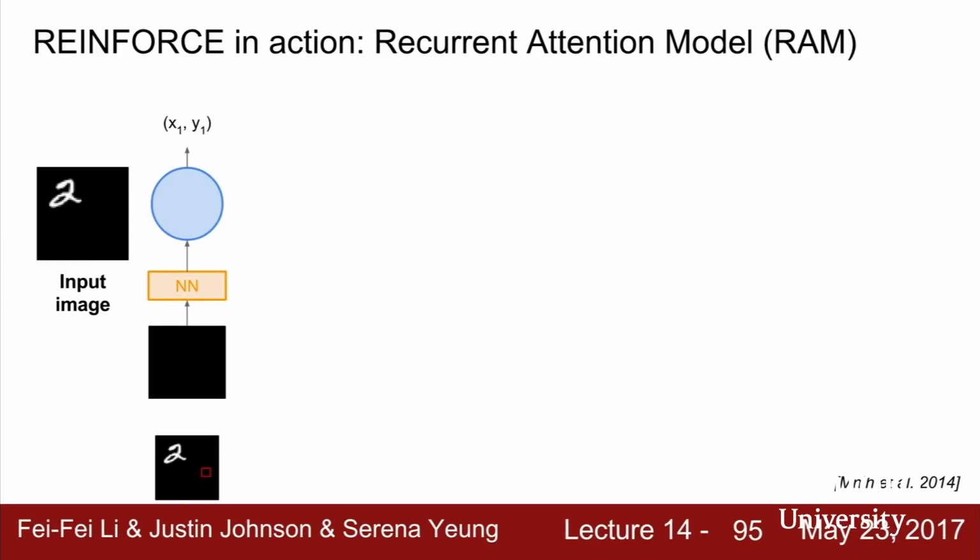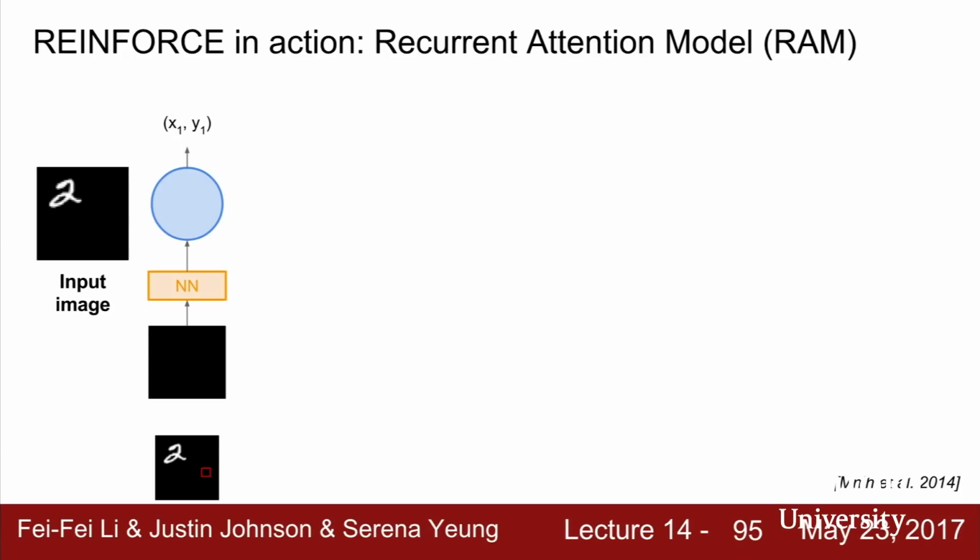Okay, so what this model looks like is we're going to take an input image, right, and then we're going to take a glimpse at this image. So here, this glimpse is the red box here, and this is all blank, zeros. And so we'll pass what we see so far into some neural network, and this can be any kind of network depending on your task.